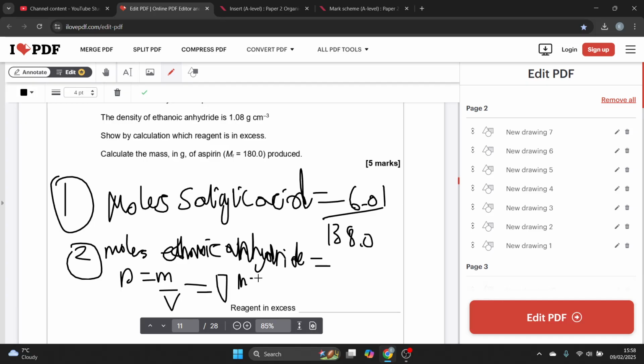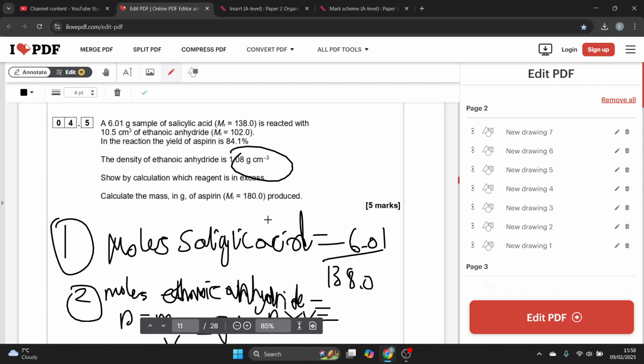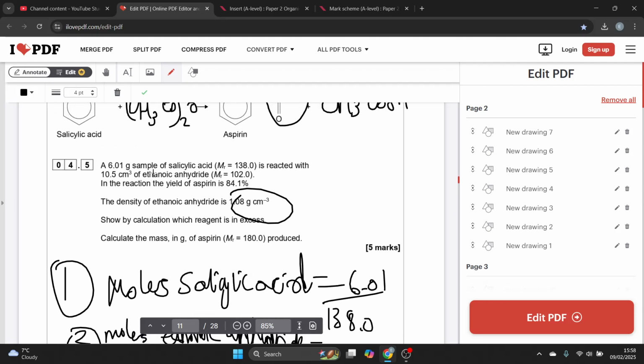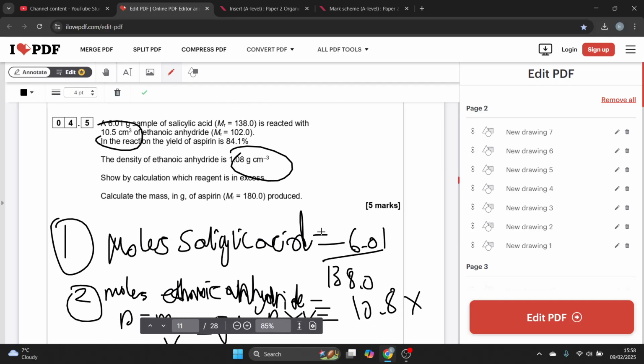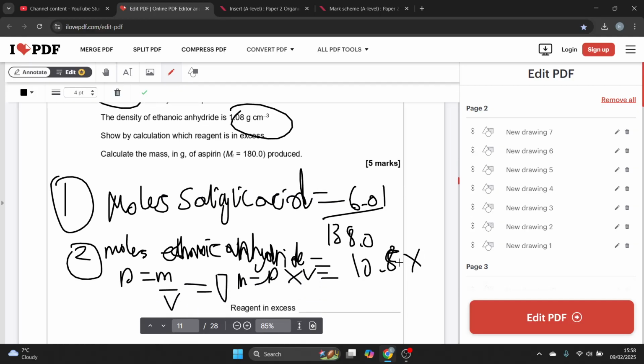Therefore, mass is density times by volume. And I know the density of ethanoic anhydride is 1.08. And I know the volume is 10.5. So it's going to be 10.5 times by 1.08 divided by the Mr, 102.